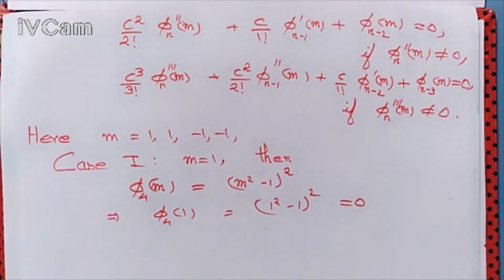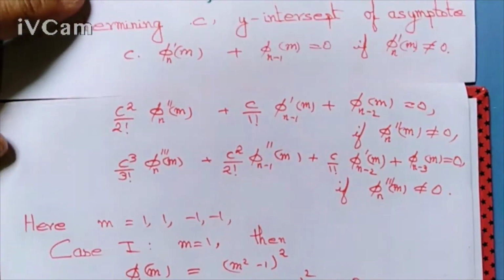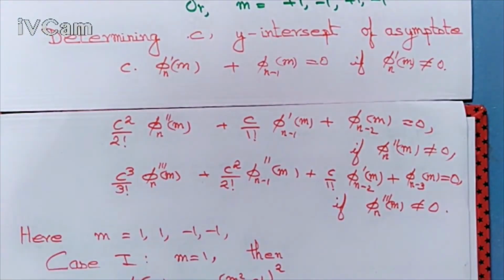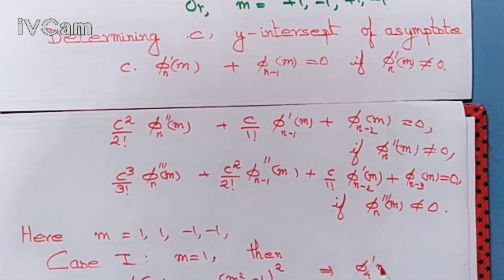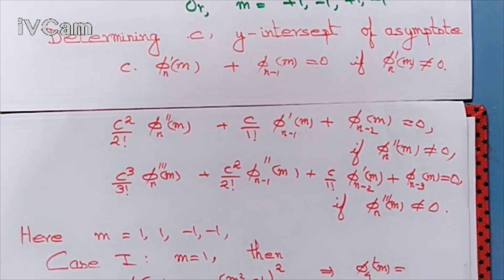What about first formula is failing? Why? Because phi 4 dash 1 is... phi 4 dash m is this. This implies phi 4 dash m equal to 2 into m square minus 1 into 2m.